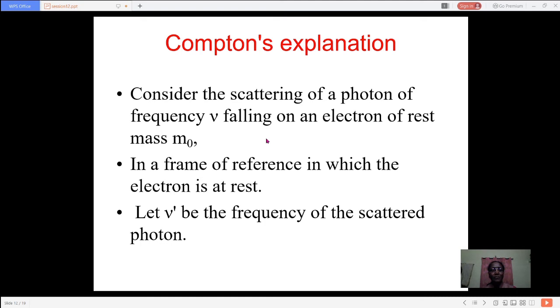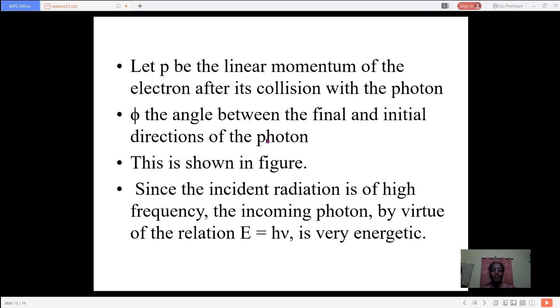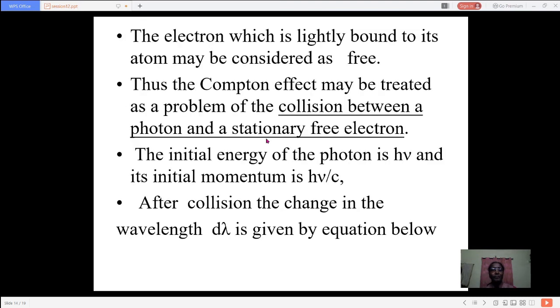Here we talk about the verification of the result, and we are not going to derive the expression for it. We also consider the linear momentum and the angle between the initial and final direction of the photon, and the photon has energy E equal to h nu.